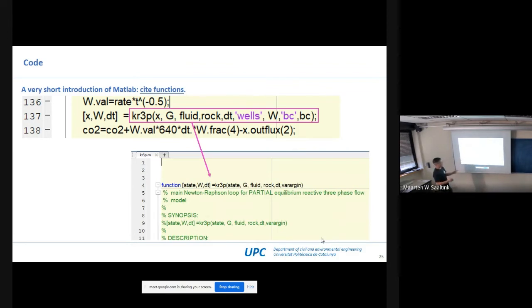Anywhere we define a function and put it in a folder, and it will be found automatically. So it's not that complex. You do not need to say anything about how to cite it. You just define this function and put it anywhere in your folder, and when we call this function, it will go directly there. So it's quite simple to use MATLAB, and it's also very easy to modify.